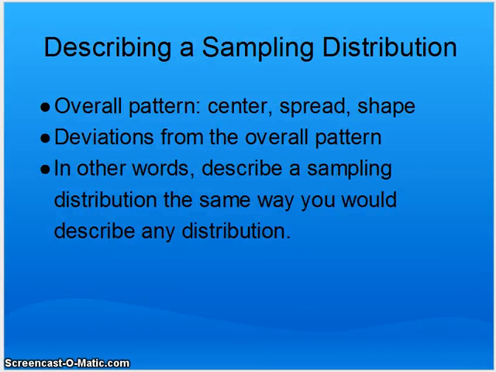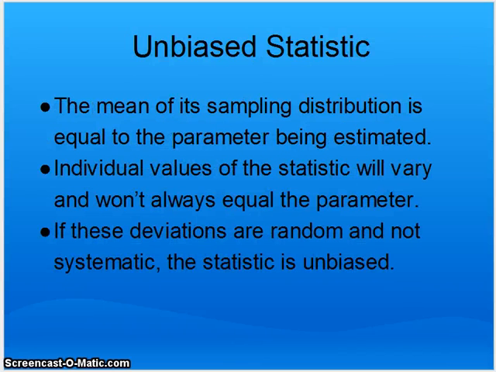Now, when you describe a sampling distribution, you talk about the same old things that you've always talked about when you describe distributions: center, spread, and shape, and any deviations from the overall pattern. Basically it's just a matter of describing a sampling distribution the way you would describe any distribution. Some statistics have a nice quality that the mean of their sampling distribution is equal to the parameter that the statistic corresponds to or is being used to estimate.